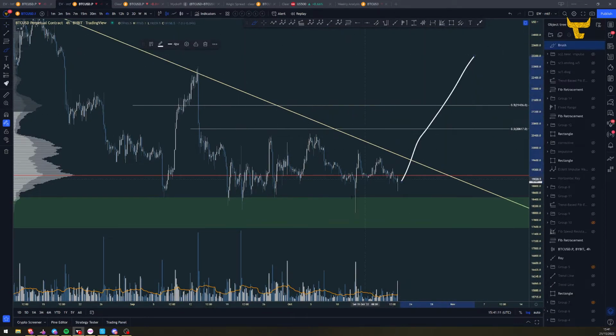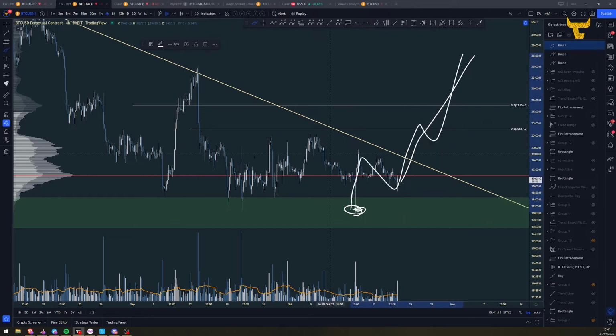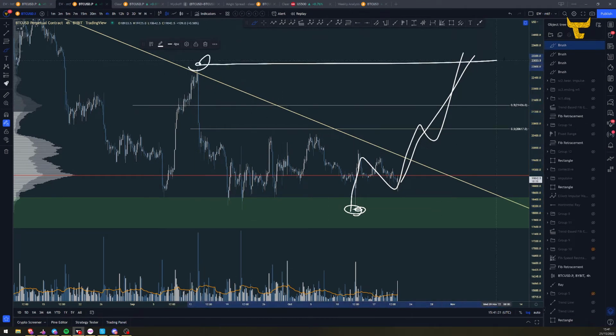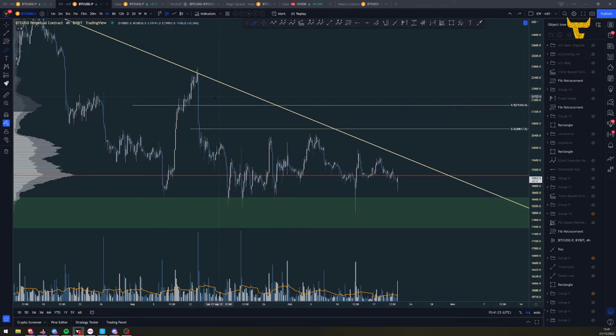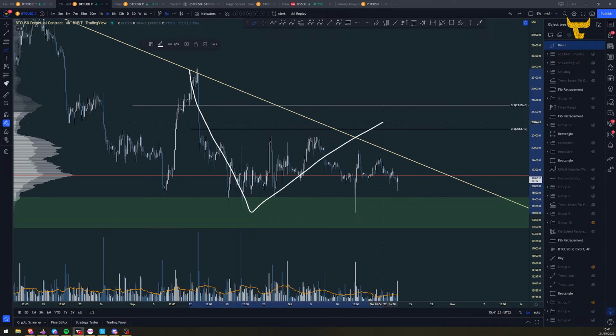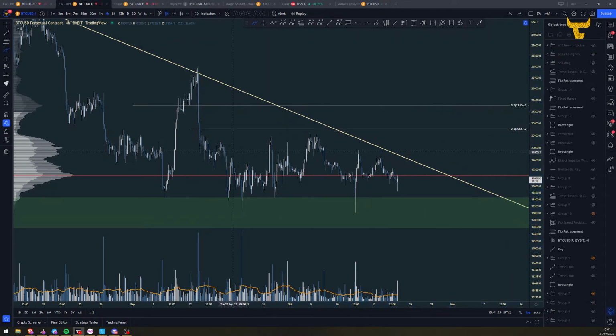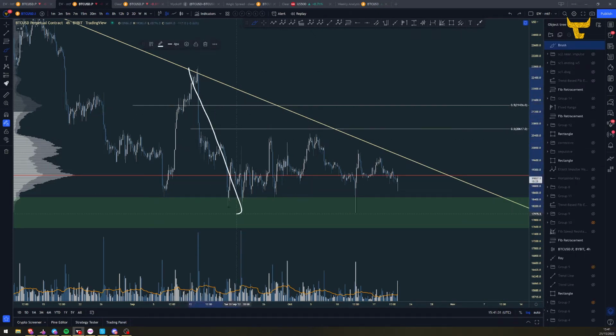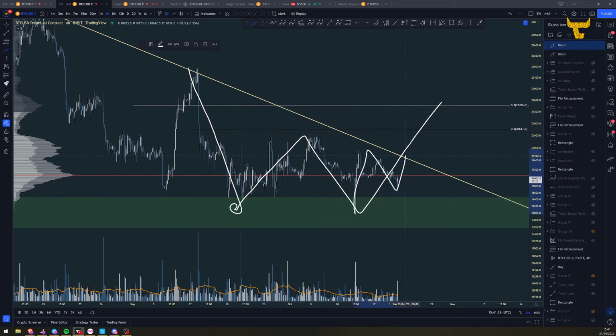If this breaks up, then we'll start to count from here, 1, 2, 3, 4, 5, or an ABC, and we'll see, do we take that high or not? Because if we don't, then we can still be in some kind of correction structure. This could be wave 1, and this could be part of a correction. Could even be 1, 2, 3, 4, 5, for example.